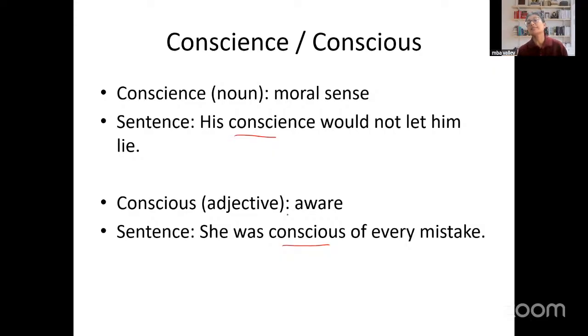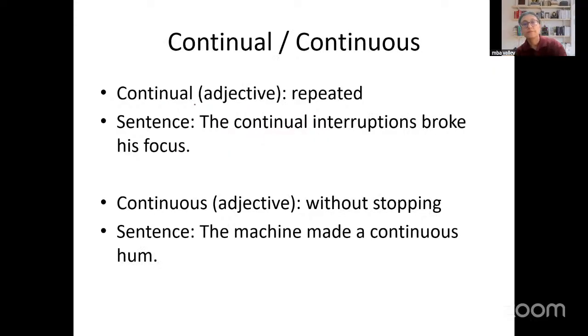That is consciousness. So conscious is aware. She was conscious of every mistake, which means she was aware of every mistake. And while conscience is the moral sense of being right or wrong, good or evil. That is conscience.